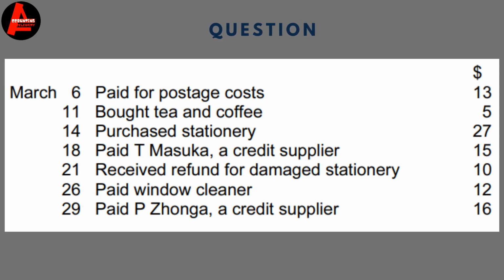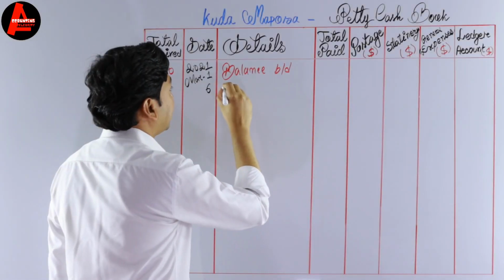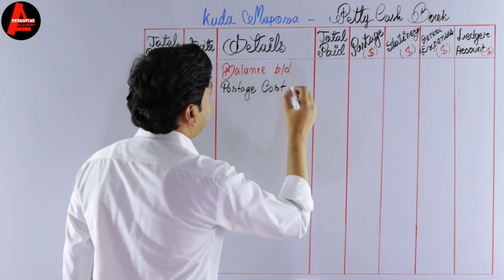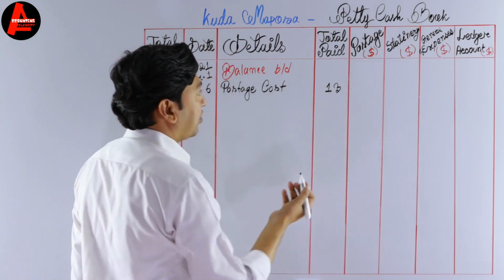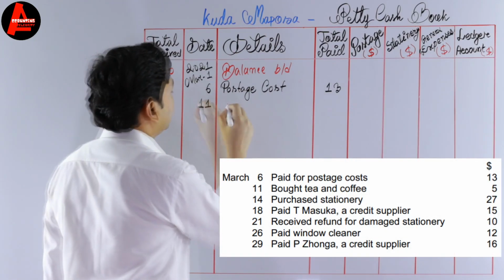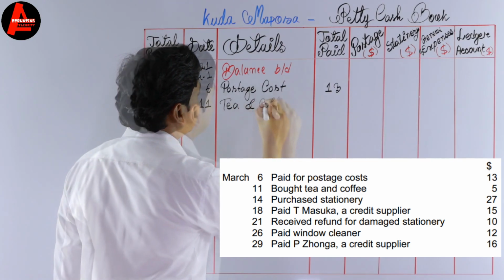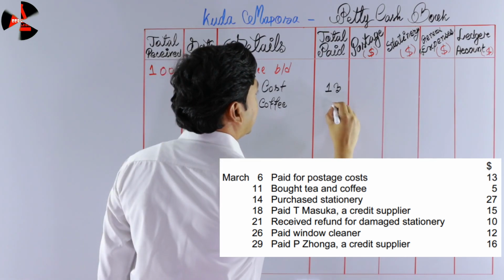Let us have a look at them. March 6, paid for postage cost $13. So let us write here March 6 postage cost, $13. Then what we have next, March 11, tea and coffee, the amount is $5.